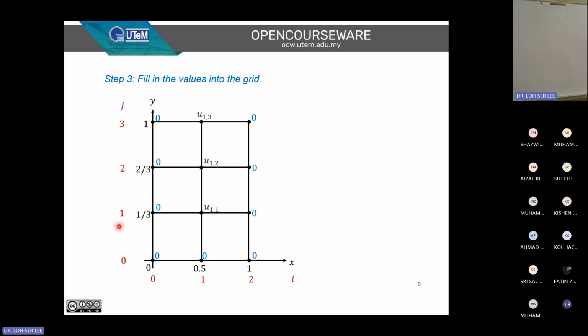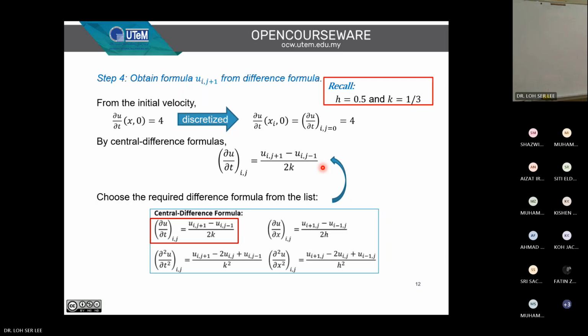Index j equals 0 refers to this line where t equals 0. That's why your t is 0 referring to your index j equals 0. Then it is given by the initial velocity as 4.